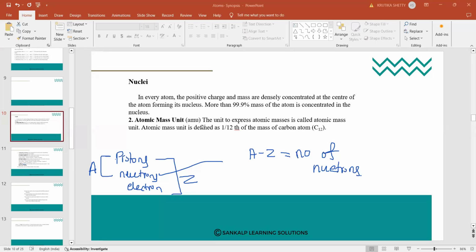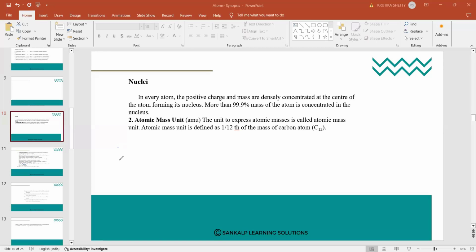how to represent the nucleus? Let us see. The representation of the nucleus is given by, if I consider X as any one element, A is the mass number and Z is the atomic number. So this is the representation of any atom.